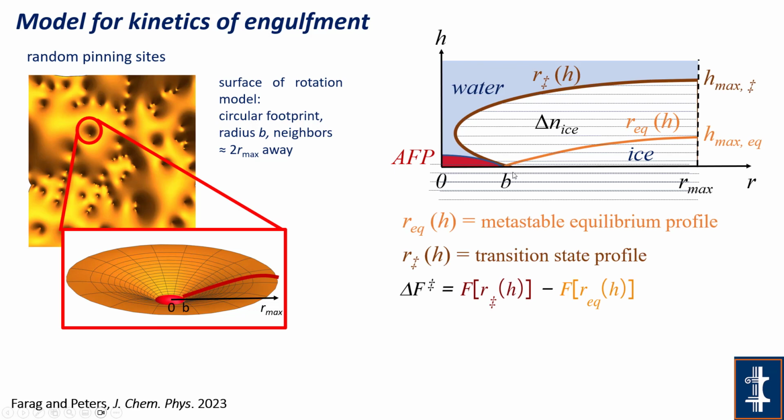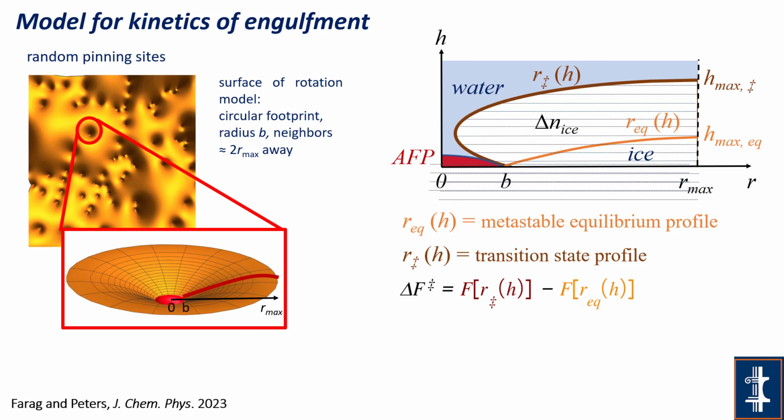So we know that when we are below that spinodal limit, there's going to be a metastable profile shape depicted here in orange. So this is the metastable equilibrium profile for a given supercooling, not yet at the limit of metastability. As we increase the driving force, that will move up.